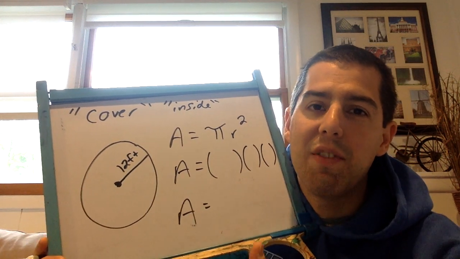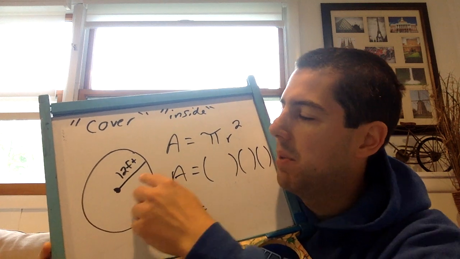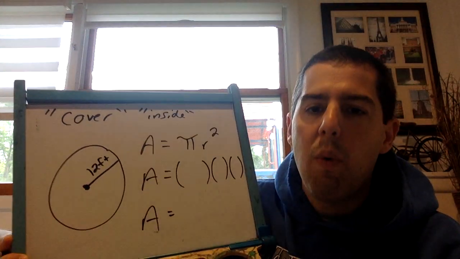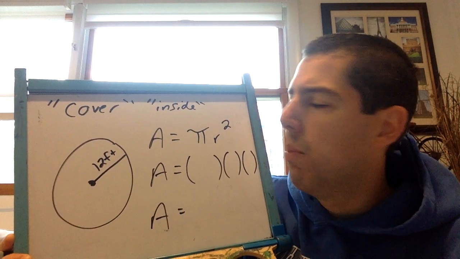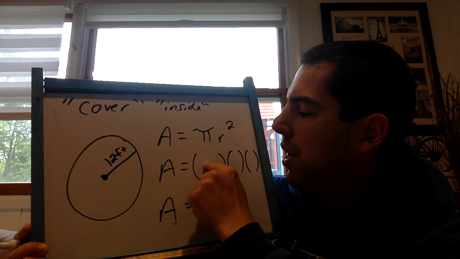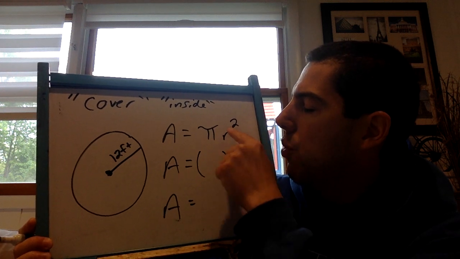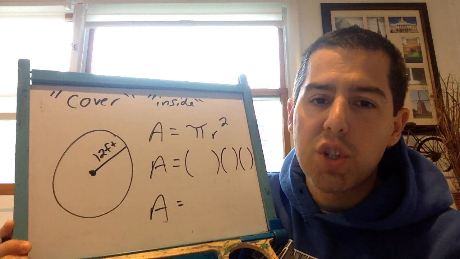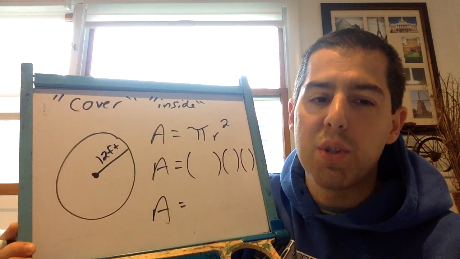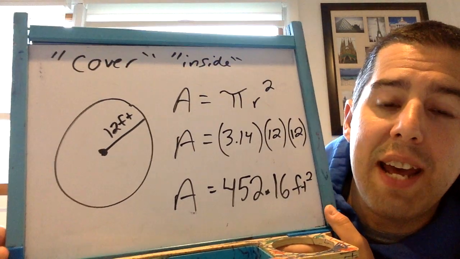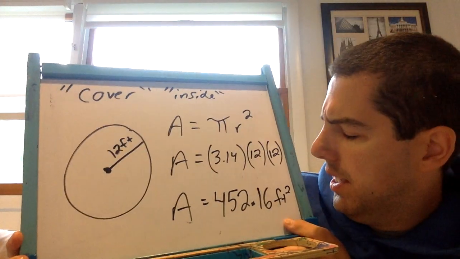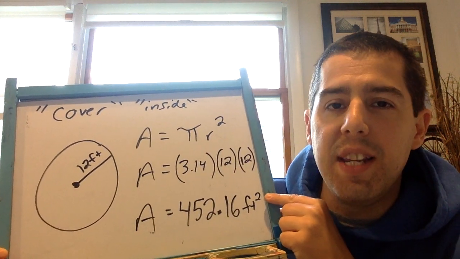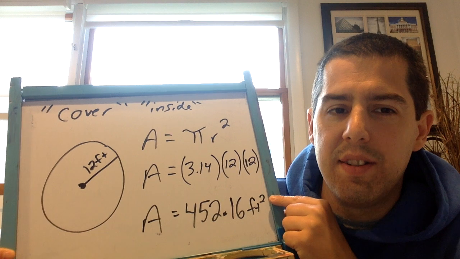If they had given me the diameter, I would have divided by 2, but this is the radius. Now, if you notice, I put 3 parentheses here. Why did I put 3 parentheses here? Because the pi is going to be the 3.14, and radius squared means I'm multiplying by 12 squared, or 12 times 12. And I would get 452.16 square feet. Notice because it's area, I'm now using the square units.